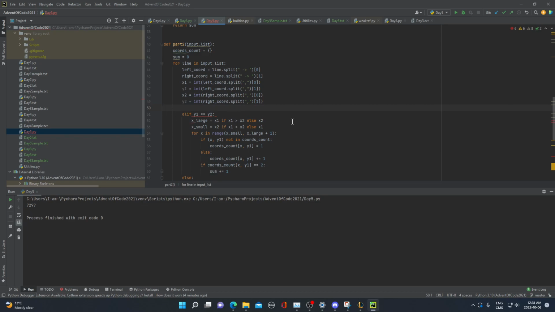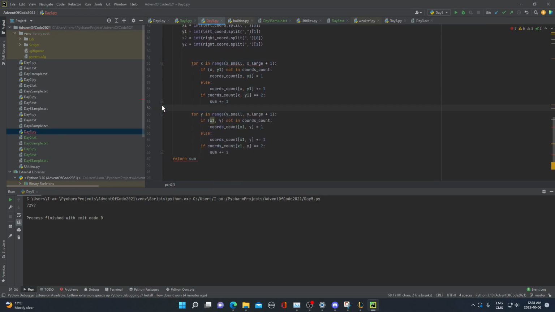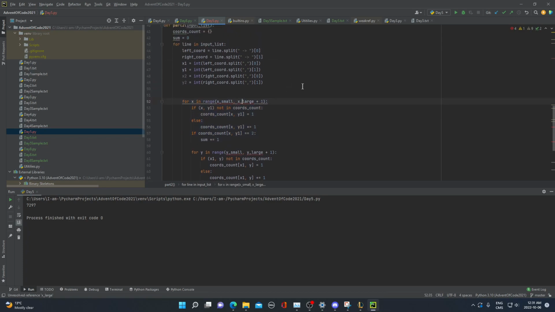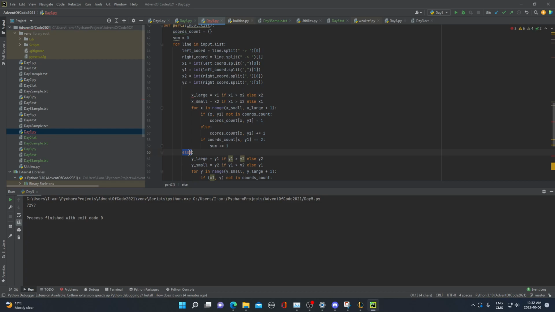And instead of going for this small and large stuff, I think we just start iterating. Or one sec. We still want to know how we iterate, so I think we keep the x large, x small, and y large, y small.